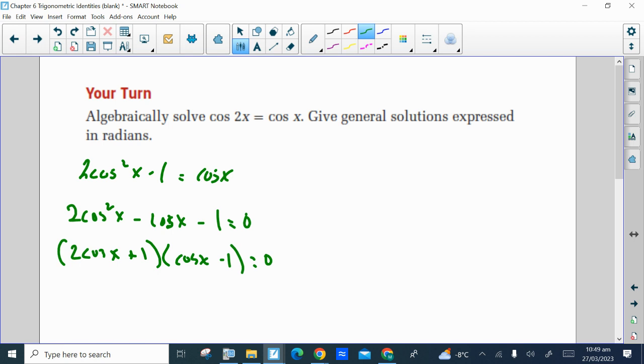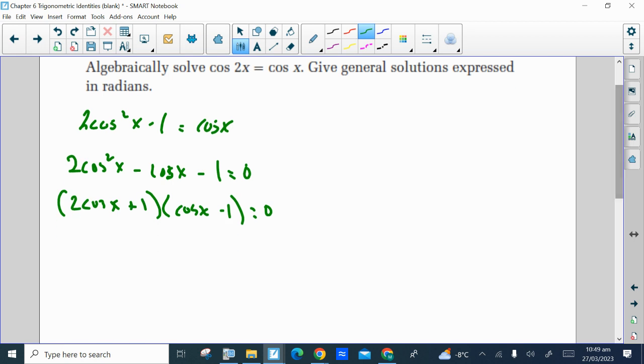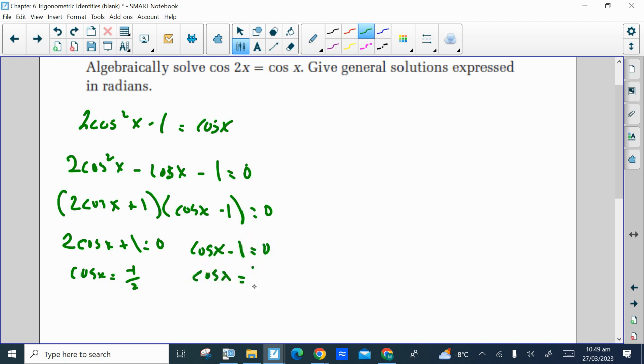So the factor would have to look like that. And then you're looking for where cosine of x equals -1/2 and +1.